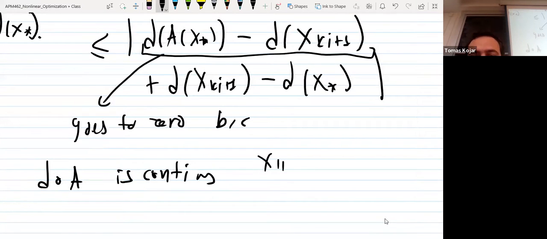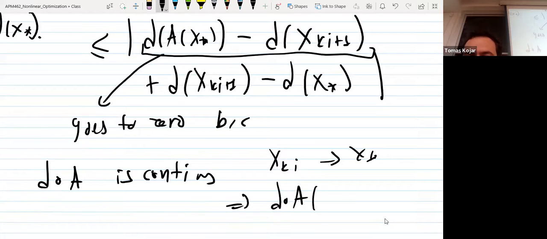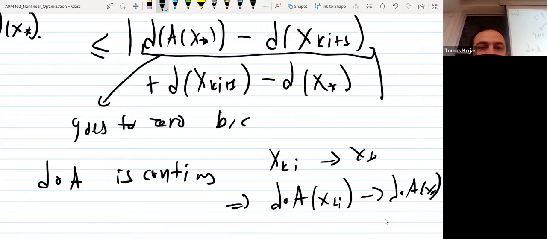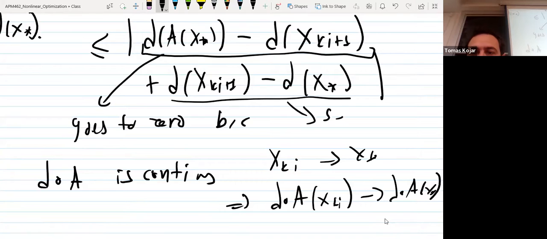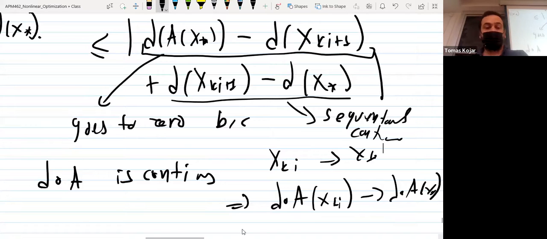So since X_ki goes to X star, the composition of X_ki also goes to X star. Okay, so that's why the first guy is 0, and the second guy we proved above. So this was sequential continuity.